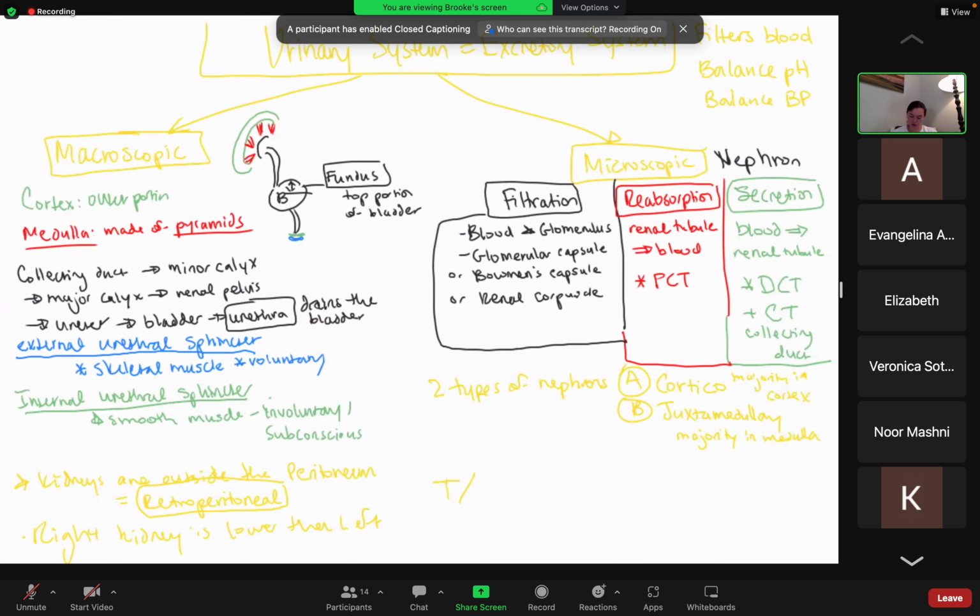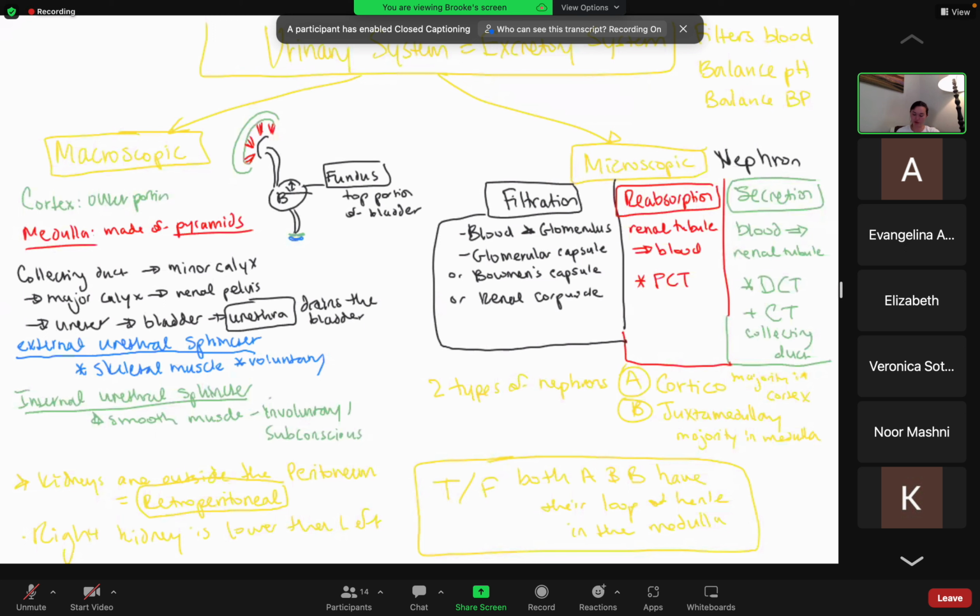Okay, true or false? Both A and B have their loop of Henle in the medulla. True or false? So both cortico and juxtamedullary. Good, true, right?